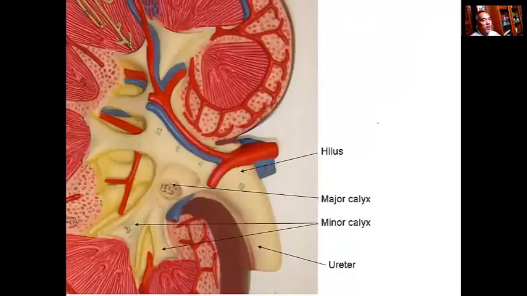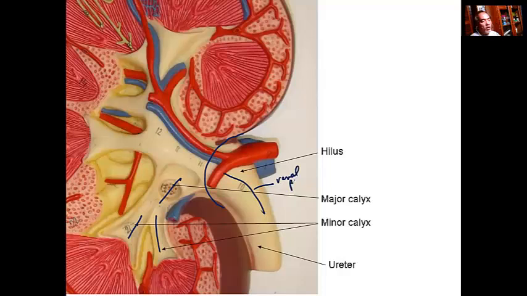Okay, another picture that magnifies the hilus. The hilus is actually the concave portion of the medial side of the kidney. And then these are your minor calyx. Minor calyx connects to the major calyx, which now connects to the renal pelvis. And from the renal pelvis connects down to the ureter.